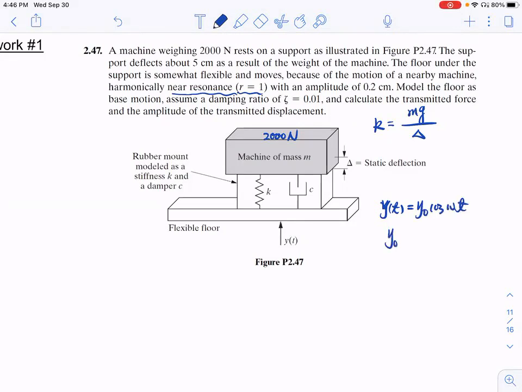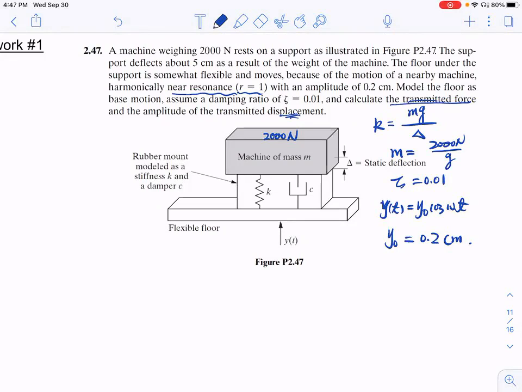You know that your y naught is about 0.2 centimeter. You know your zeta is 0.01. And then you know your K. You also know your mass, because your weight is 2,000 Newton divided by g. So you need to calculate the transmitted force due to the base excitation.